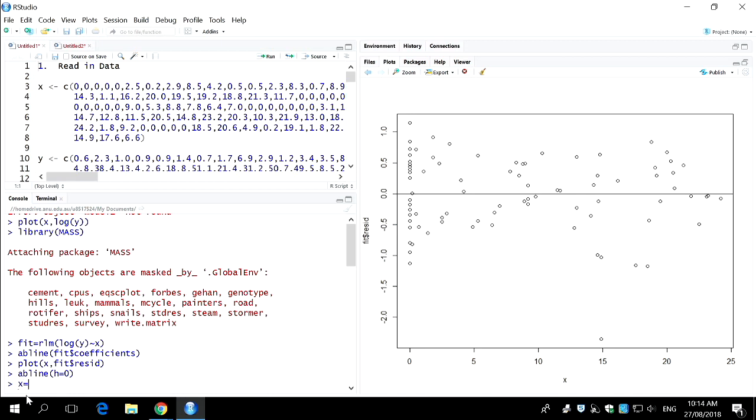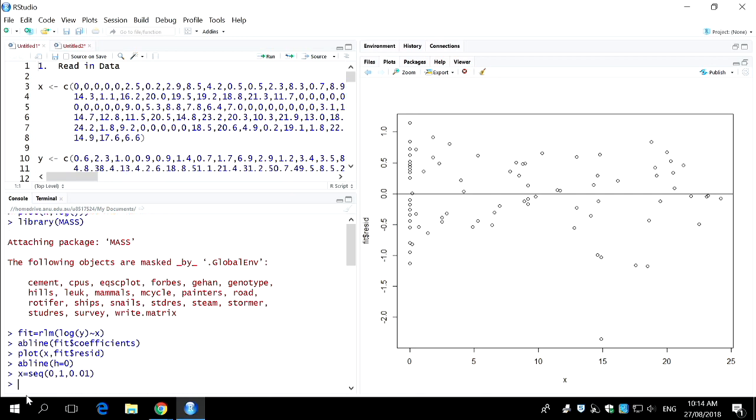Let's let X equal a sequence that goes from 0 to 1 in steps of 0.01. Okay, so I'm just going to break up the 0, 1 into 100ths. And Y is going to be just X squared plus a little error, right? So rnorm, I bet length of X should be 101 maybe?